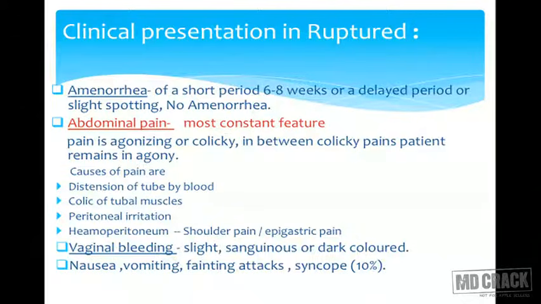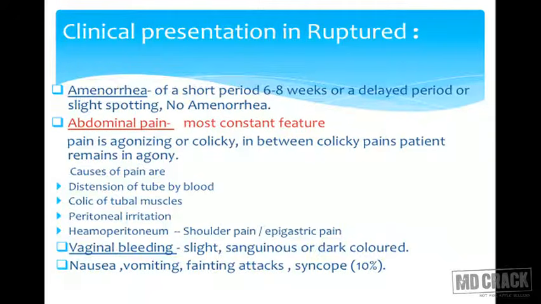There is a typical triad of symptoms. Amenorrhea, maybe of short duration, maybe she's around 6 to 8 weeks, or sometimes just a delayed menses, where she says my menses got delayed by 2 days or 3 days. Or maybe sometimes there will not be any history of amenorrhea. She's due, like tomorrow is her expected date. She comes with this variable period of amenorrhea. First symptom. Second, abdominal pain.